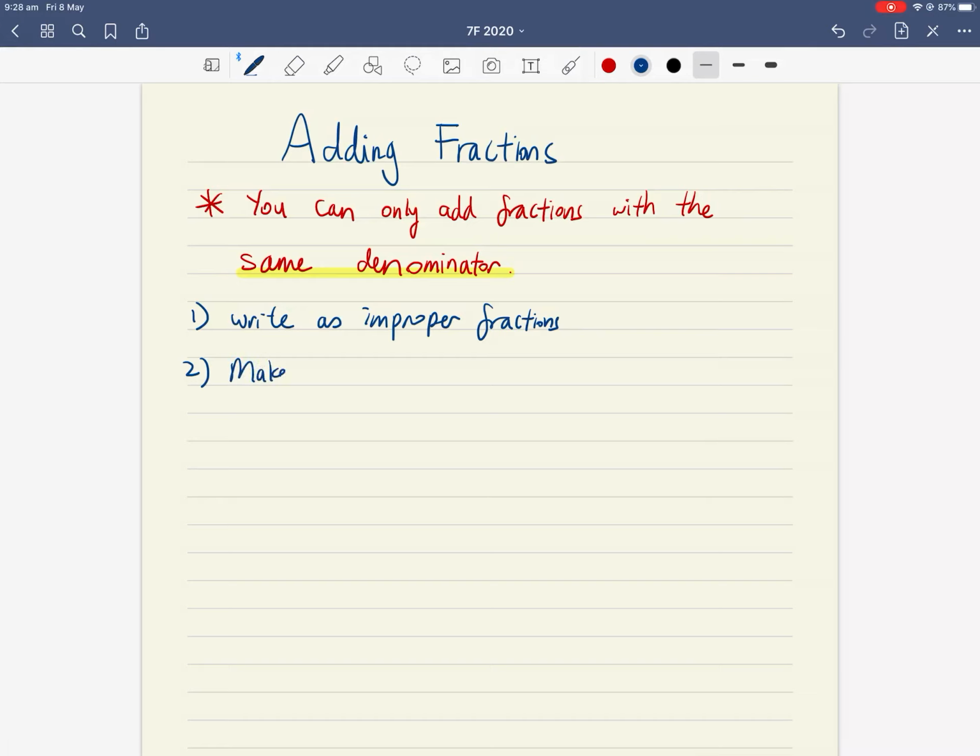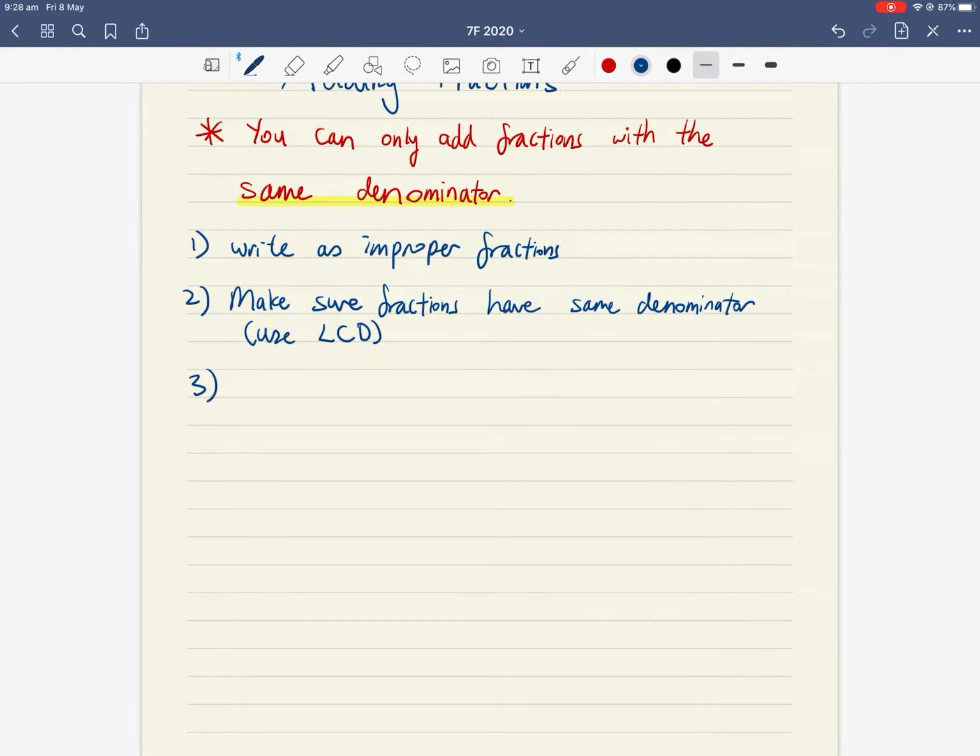Change them using the LCD, the lowest common denominator. So step 2, make sure fractions have the same denominator. And for that, use the lowest common denominator.